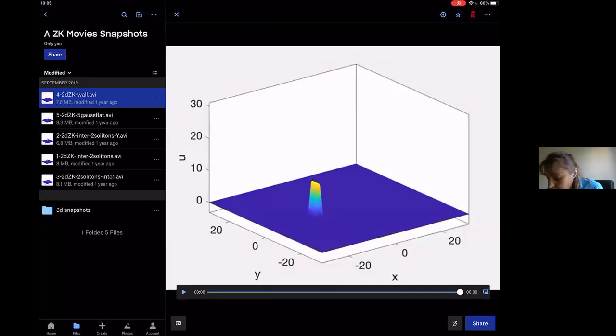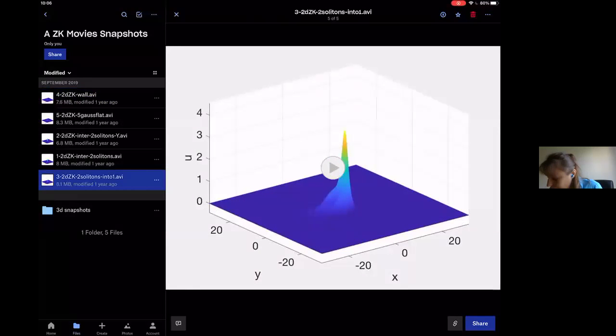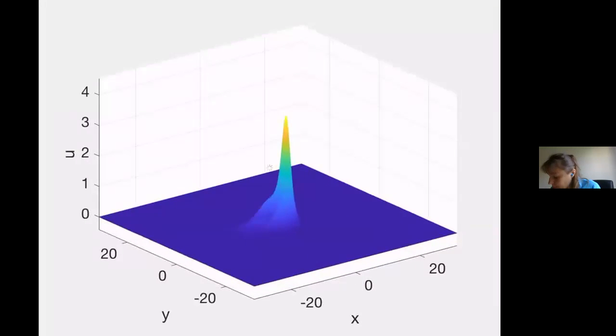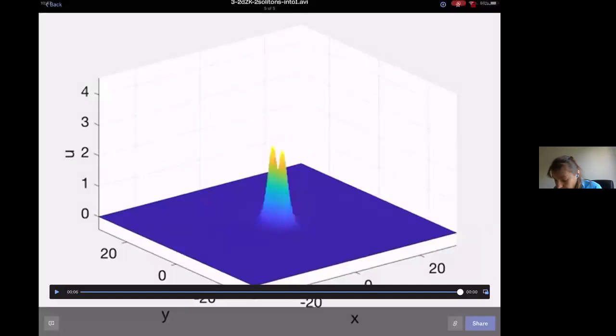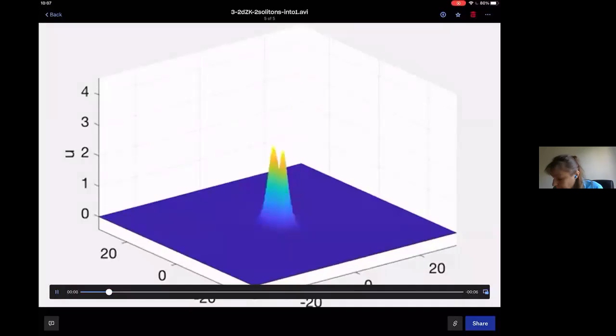Let me show you how the interaction of, is this the interaction? Let me just remember what we have. I think this is where the two solitons are very close to each other, so they join and then they start traveling and the radiation is forming. Let me replay this one more time.